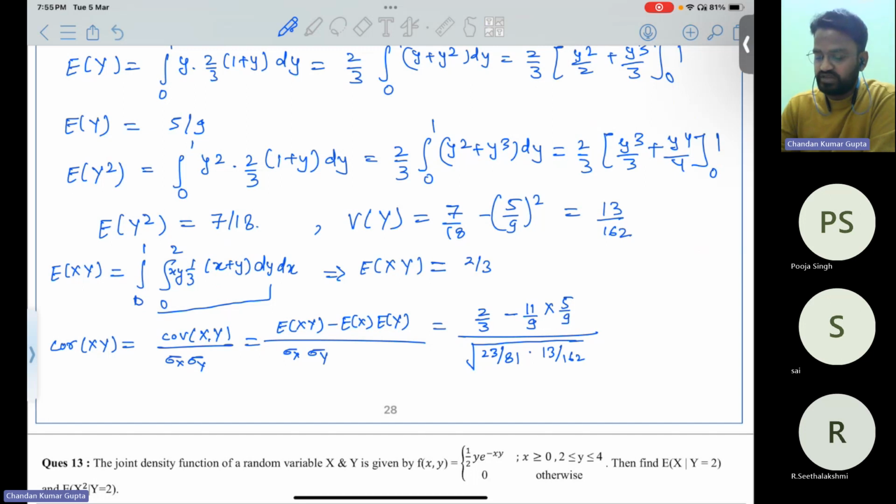After calculating this, the approximate value is minus 0.0818. That means the variables x and y are negatively correlated. That means if one is increasing, then the other variable is decreasing, and vice versa.